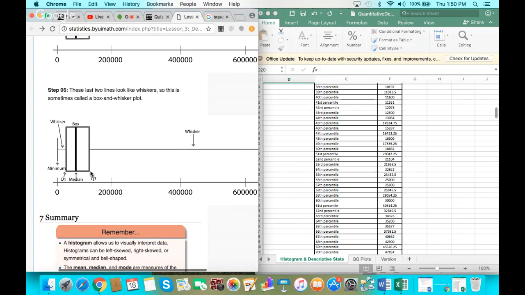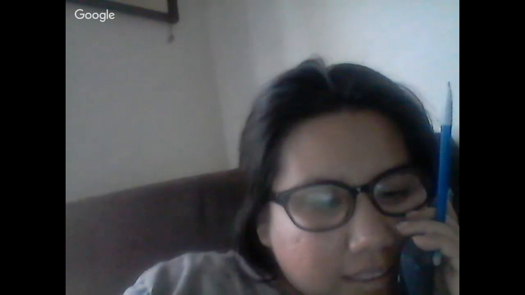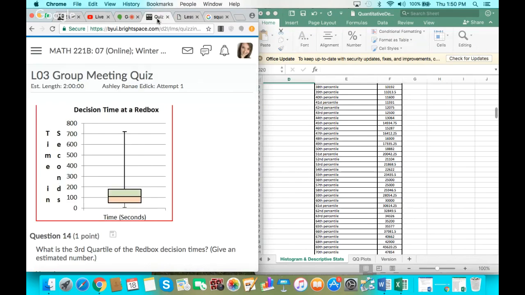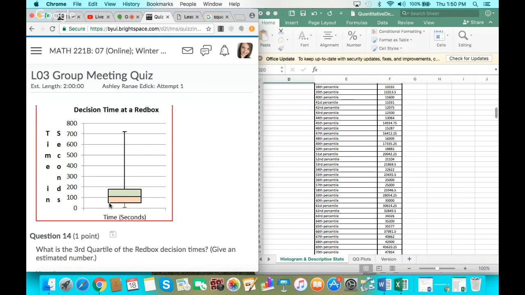Why do I keep on saying quadrant? The quartile. Yeah, quartile 1. And then the second. So the third line. So are we reading it like this is right here where my mouse is? This is quartile 1. This is the median, and this is quartile 3.